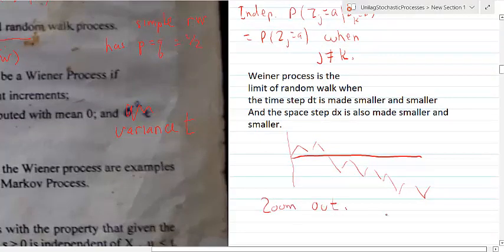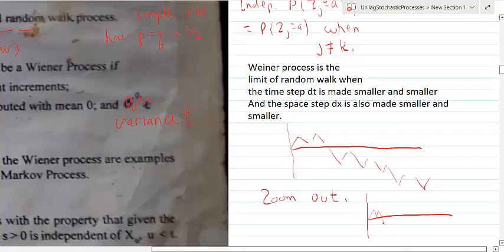Right. If you zoom out, what's it going to look like? Well, you won't see these jagged steps. What you'll see is something that moves around very much. It's going to be a very rough curve, something like this. Okay, this is just one sample path, right? You'll generate many sample paths like this, but the characteristics will be something like this. All right, so that's the intuition behind Wiener process.